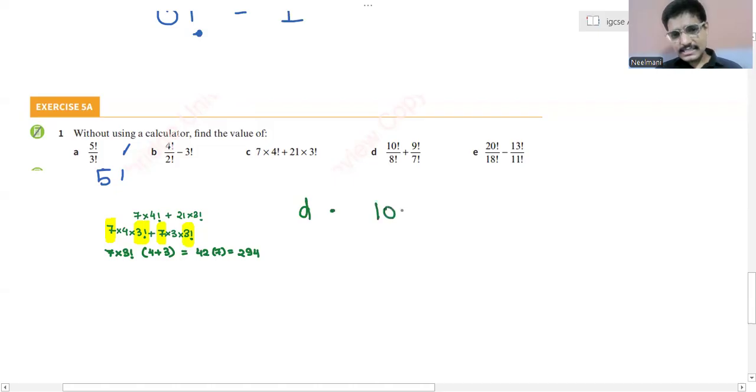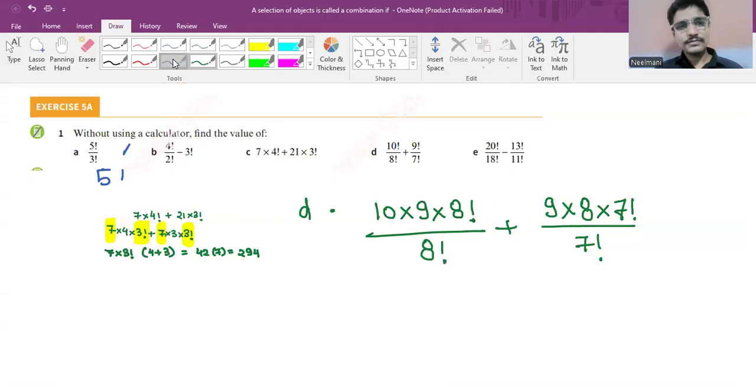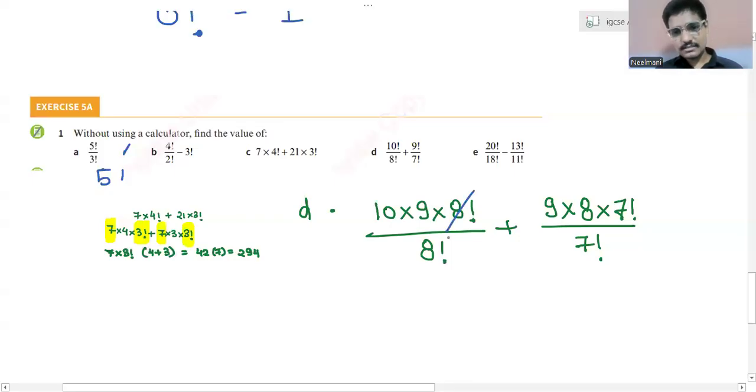You're just seeing it is 10 factorial, which is actually 10 into 9 into 8 factorial, and it is divided by 8 factorial. You add a 9 factorial, which is actually 9 into 8 into 7 factorial. Sorry, the whole time I'm saying epsilon, it's actually factorial. You cut it down and you're left with this.